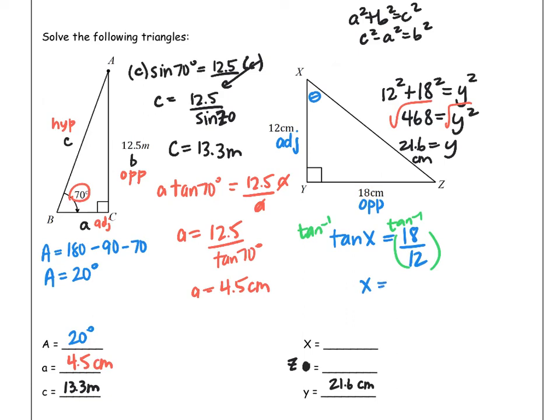So X is equal to 56 degrees. And then I know that if this is 56 and this is 90, I can just subtract that from 180 to get angle Z will be 180 minus 90 minus 56 gives me 34 degrees.